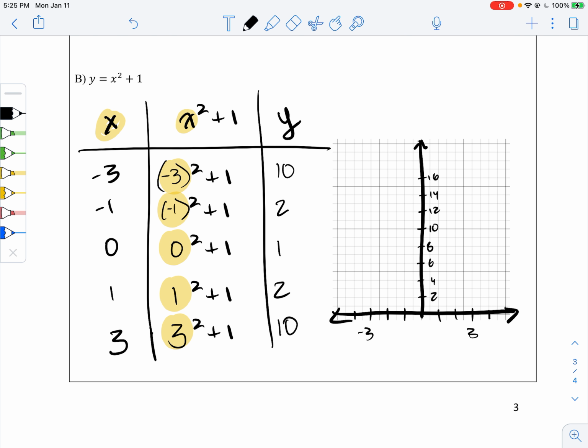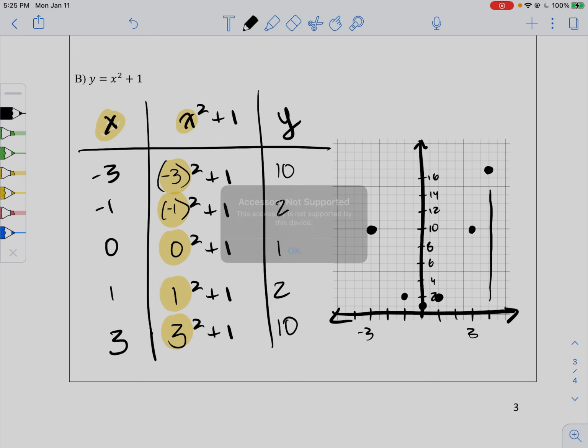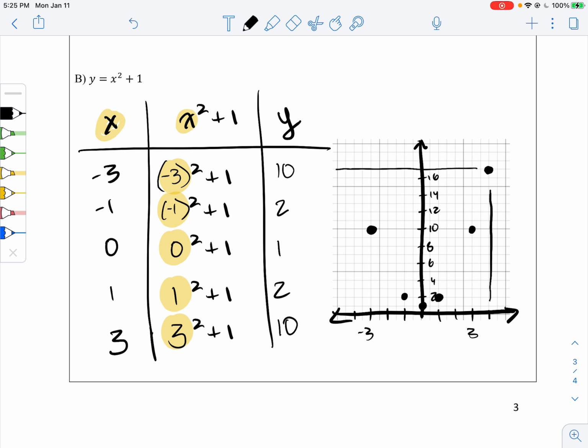So you have -3 all the way up to 10, -1 all the way up to 2, 0, 1, 1, 2, 3, 10, and spoiler alert, it's 4. Where are you? 4? This line. 4, 17, and -4, 17 as well.